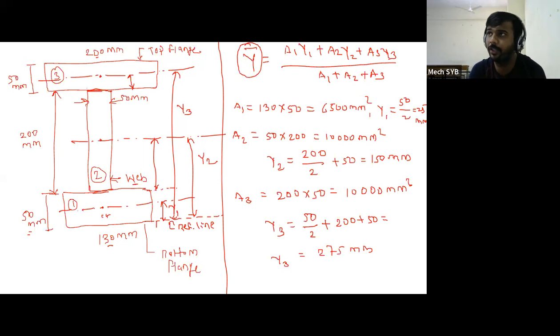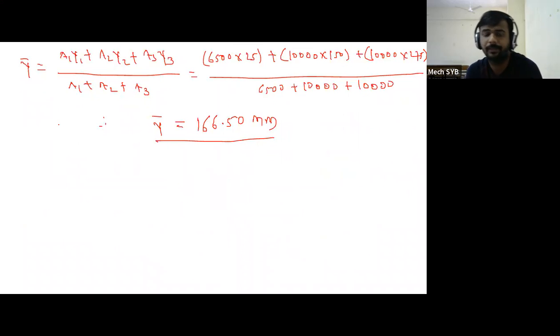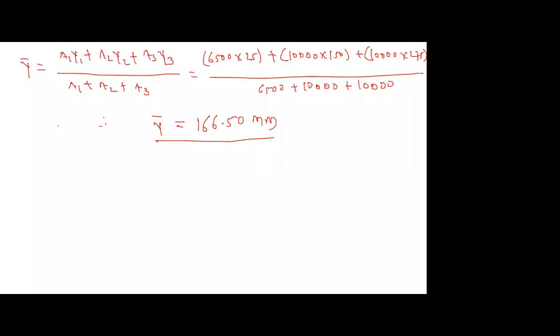आता हे distance represent करतोय म्हणजे आपल्याला कुठला axis I section वर draw करावा लागेल. Which axis we have to draw on the I section? हा y bar काढला म्हणजे आपण काय काढलाय? What it represents? 166.50. What it represents? CG of I section.